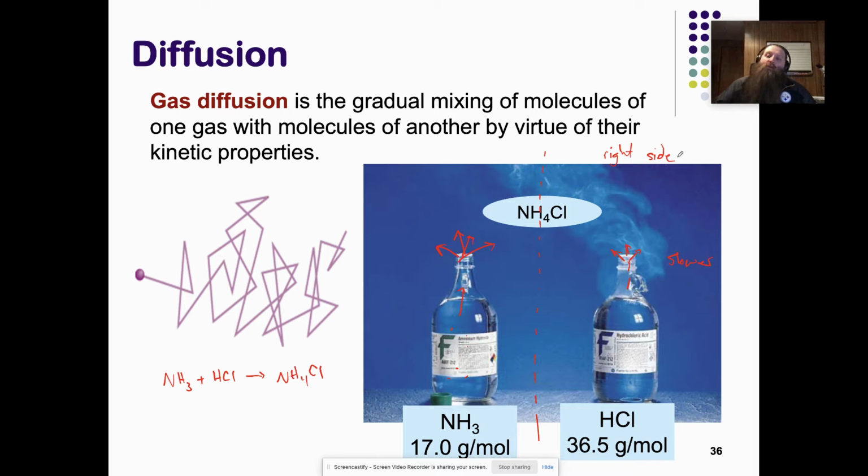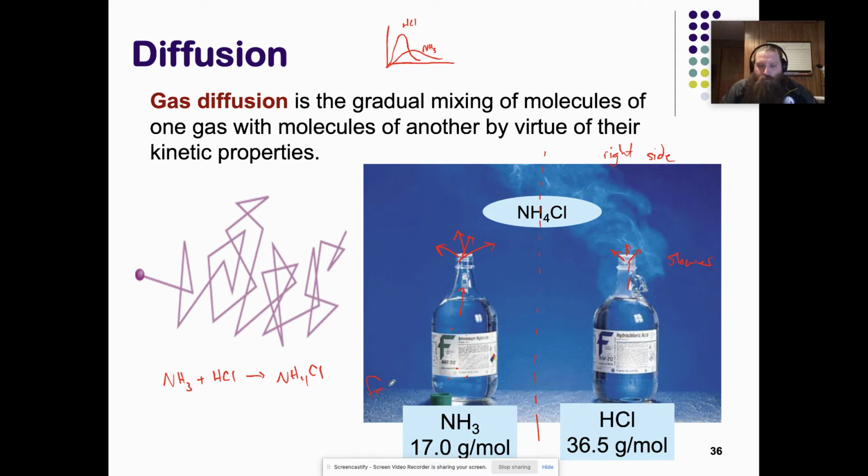Can we explain it in terms of diffusion and root mean square speed, what we were just looking at on that previous slide? Well, yeah, absolutely. So if I was to graph these two, I would expect HCl to look like this and my ammonia, NH3, to look like that.